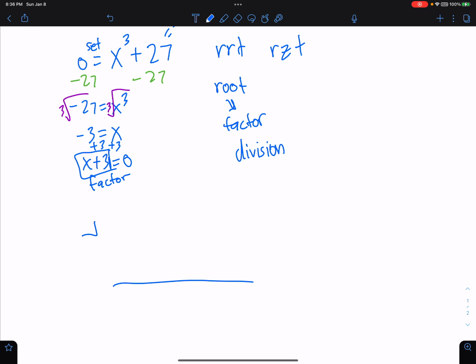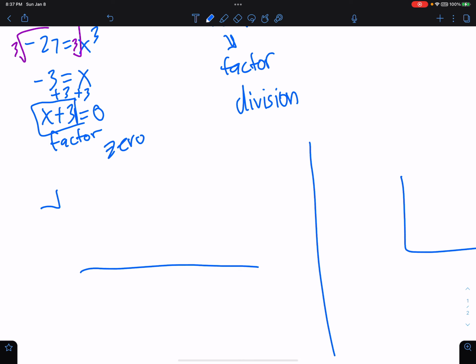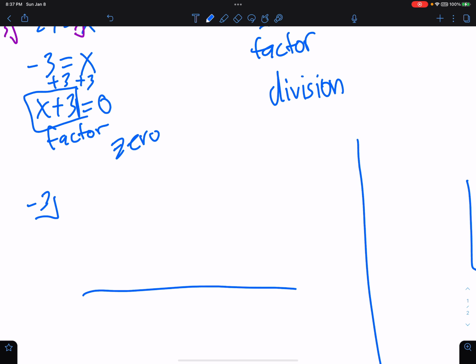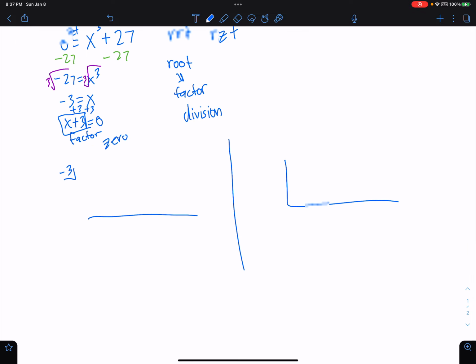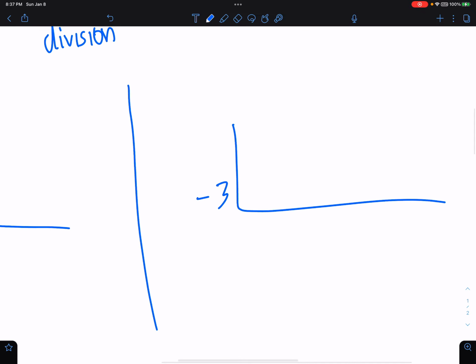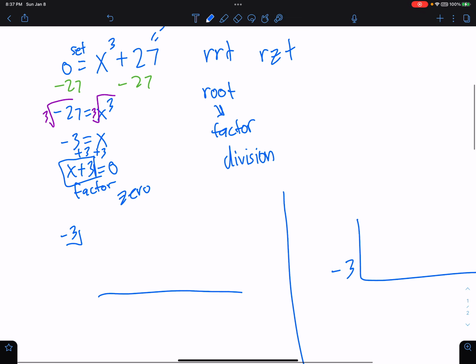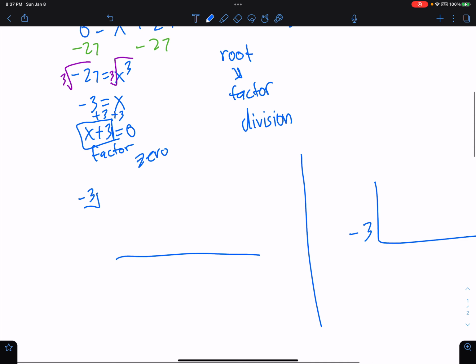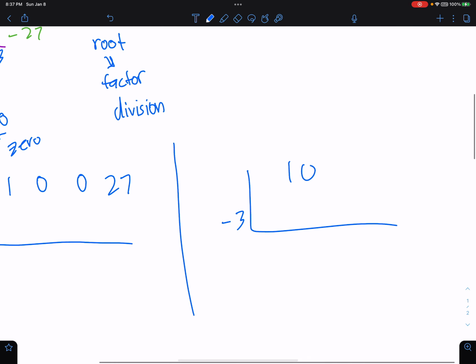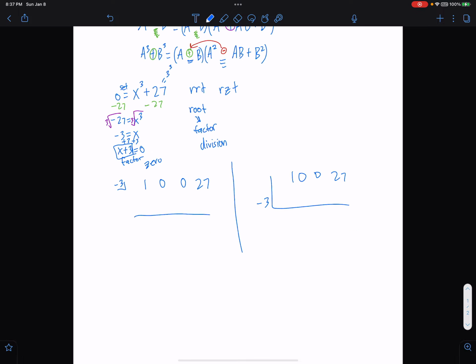In both cases, you put the 0 of the dividing term in the box, in the place where you put it, so here and here, and you put your polynomial. For our x cubed term, we have a 1. For our x squared term, we have 0. For our x to the first power term, we have 0. And then for our constant term, we have 27.